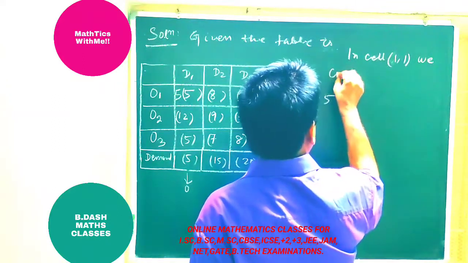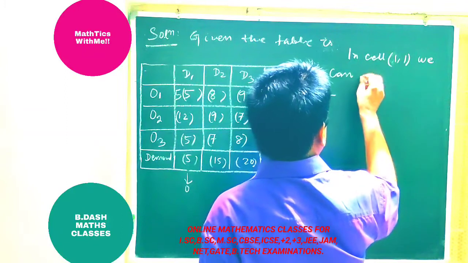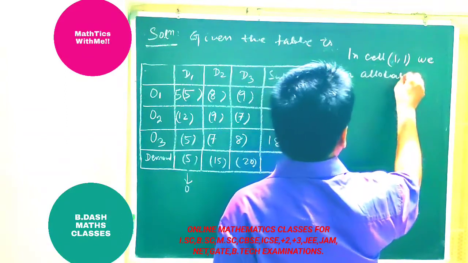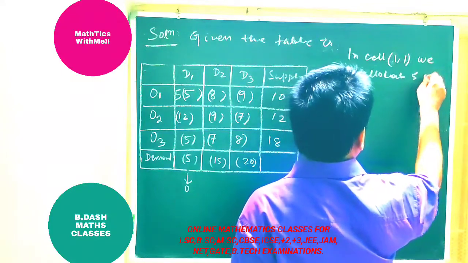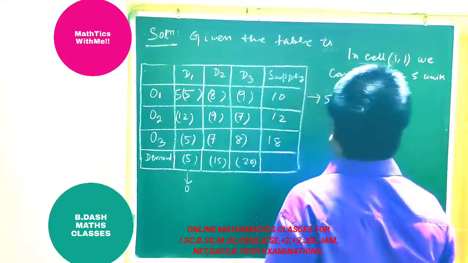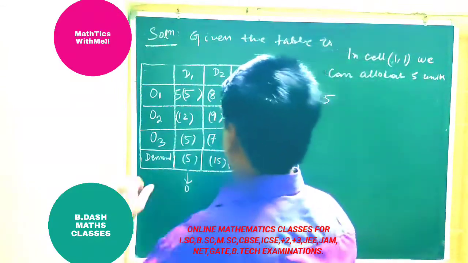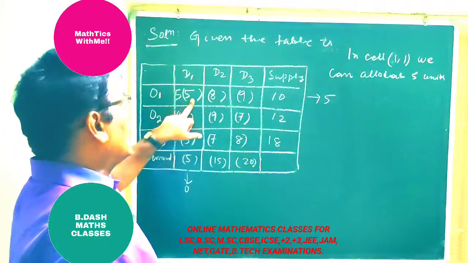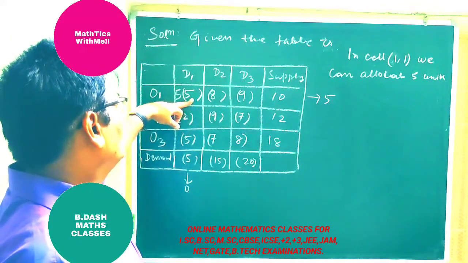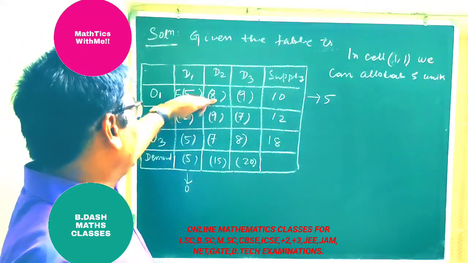After the allocation in cell 1 1, we have to proceed to cell 1 2.